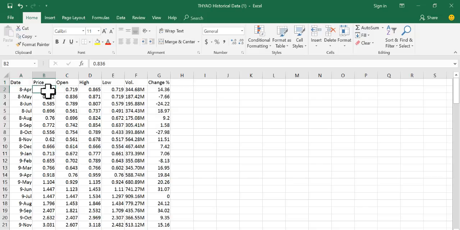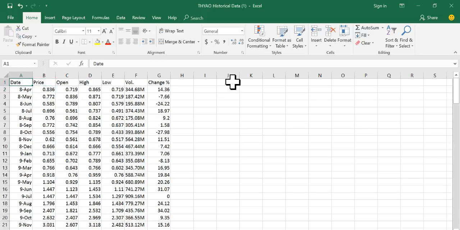So this is the closing price of the stock, opening price of this month, closing price of this month. For April 2008, this is the opening price of this month, highest, lowest, volume traded 344 million TL Turkish liras stock have been traded in April 2008. It means that.